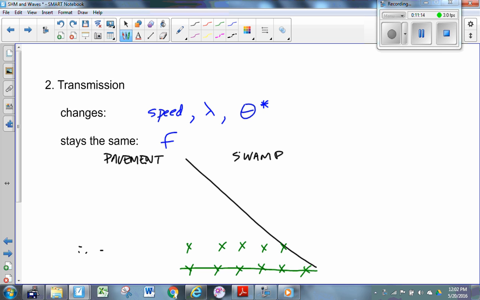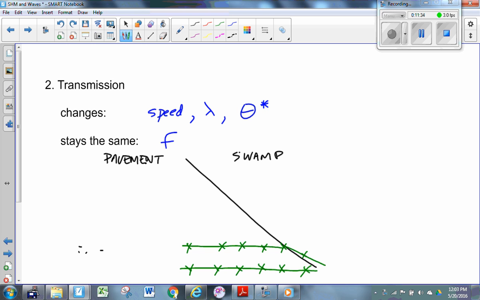So this poor guy hasn't marched as far. How come he hasn't gone as far as the rest of the guys? Good. The swamp is harder to walk through than the pavement, so he's going to slow down. The speed has changed. Now, what does this look like from the news helicopter above? It looks something like this.